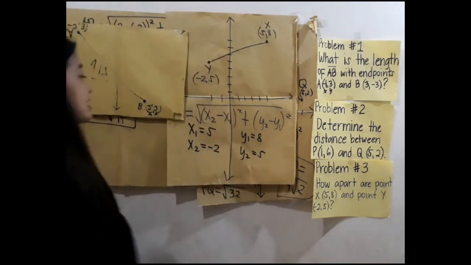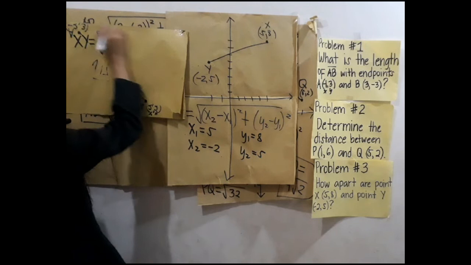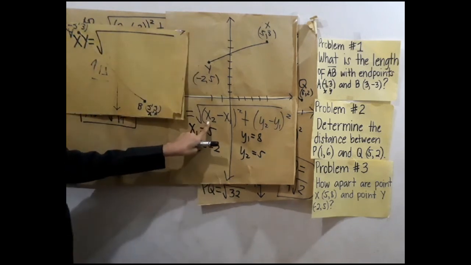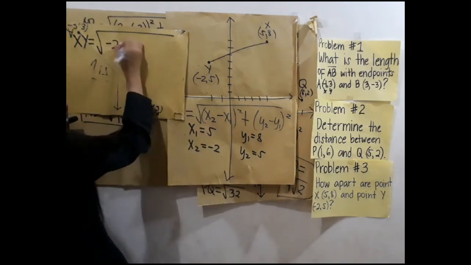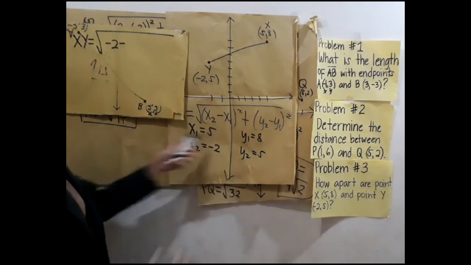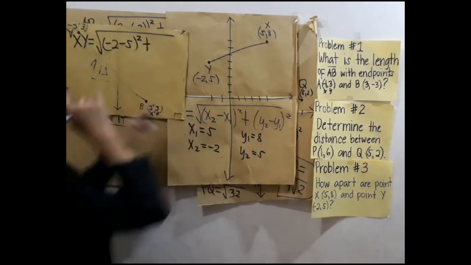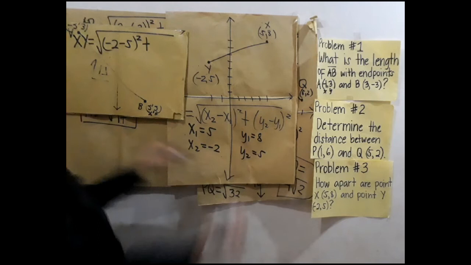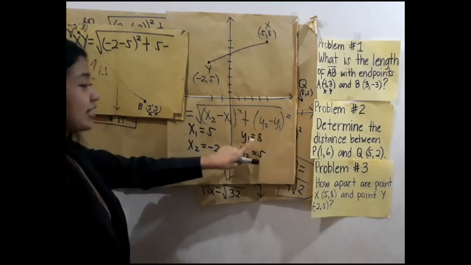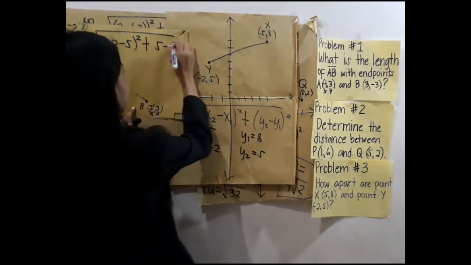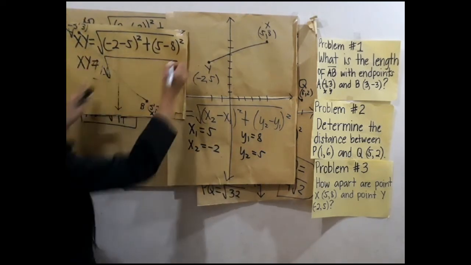We are looking for the distance between point X and point Y. So XY is equal to the square root of our x sub 2, which is negative 2, minus our x sub 1, which is positive 5, squared. Again, copy the sign, and our y sub 2 is equal to positive 5, minus, copy again the sign, our y sub 1, which is positive 8, squared.